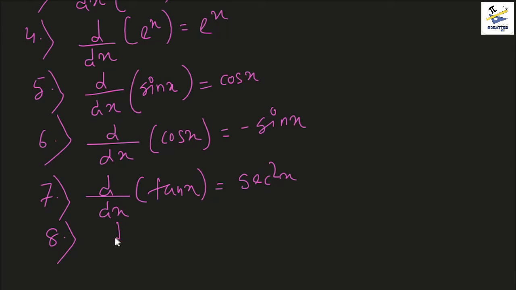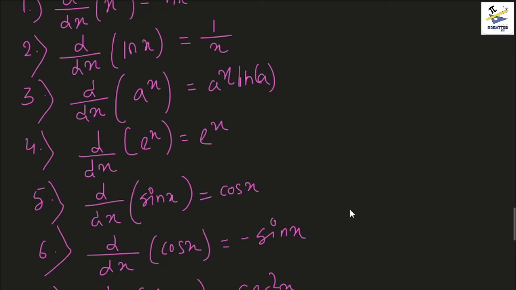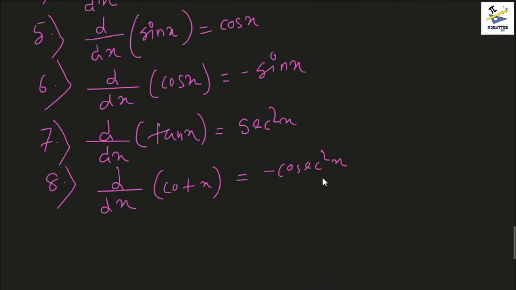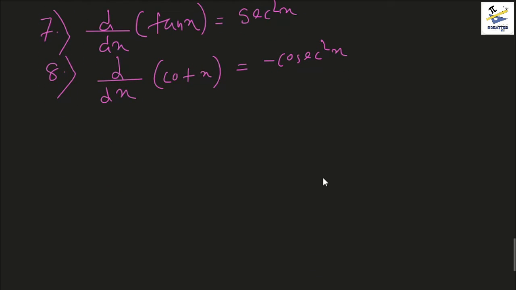Number 8, d dx of cot x would be equal to minus cosec square x. I think these are some of the basic things, and there are other things as well that you need to know, but for the time being this should work pretty well.